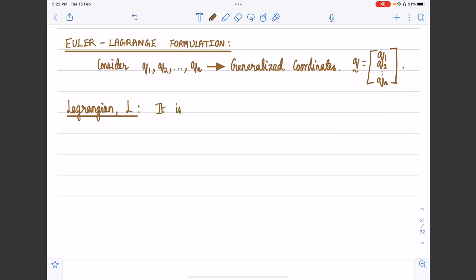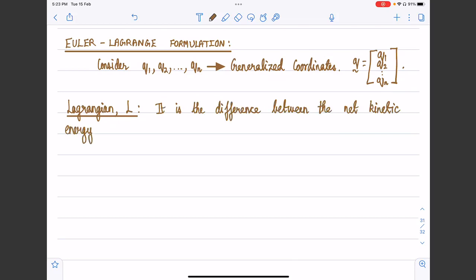What we do is take the difference between the net kinetic energy, so let's say we have the system with different rigid bodies, and we evaluate the kinetic energy of each rigid body, and the net potential energy. We'll see what those elements are shortly.